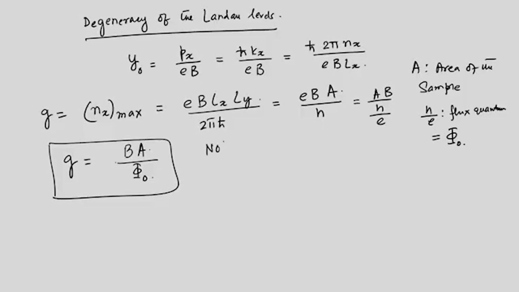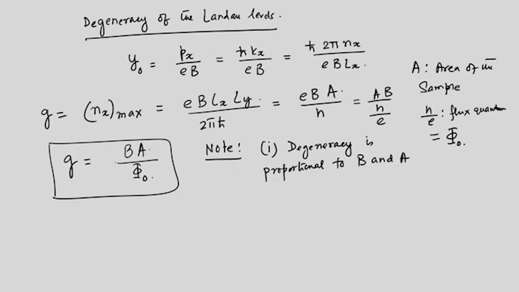So, two things that we notice here. You note that the degeneracy is proportional to B and A. B is the magnetic field and A is the area.